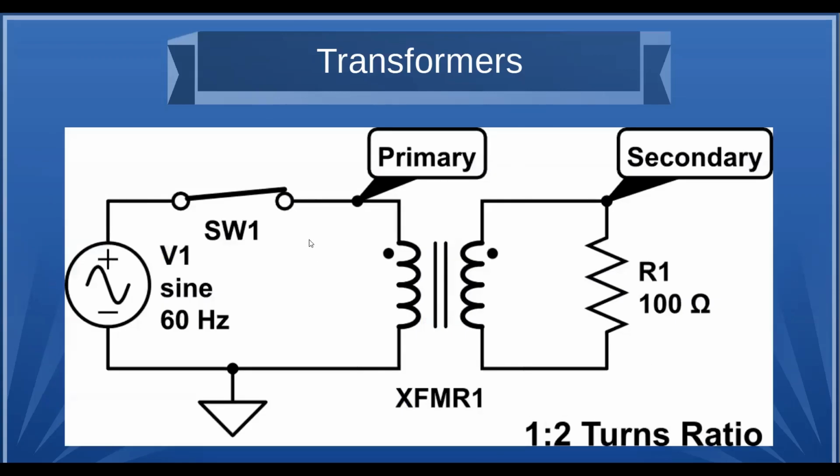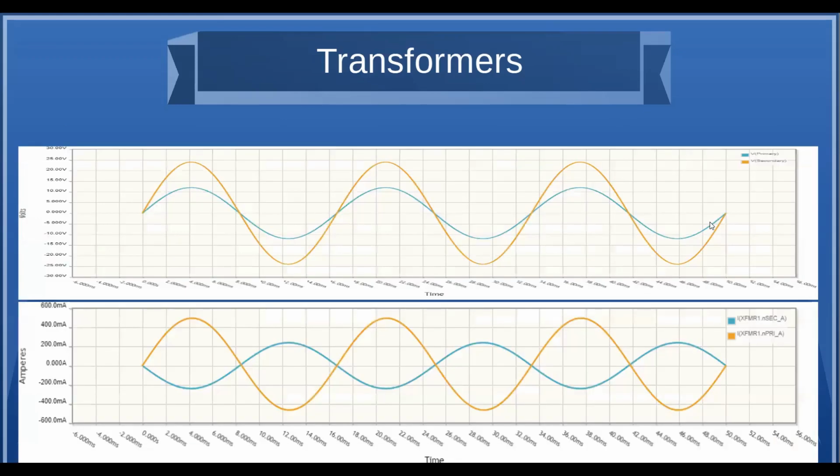And this is just a typical transformer circuit with a load with a step-up ratio. And we got the blue is the primary voltage coming in, and this yellow one is the secondary. And this is where 0 is, so you can see that the waveform is twice.